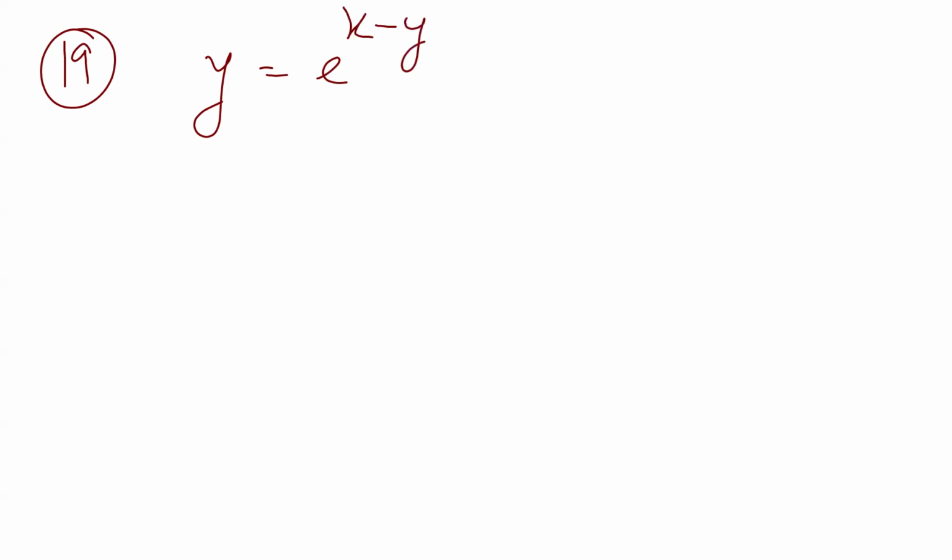Now you might wonder whether the right hand side has base with x and power with x. No, that is not the case. The base is not x, but the power is with respect to x. x minus y are both x terms, but the base is not x.